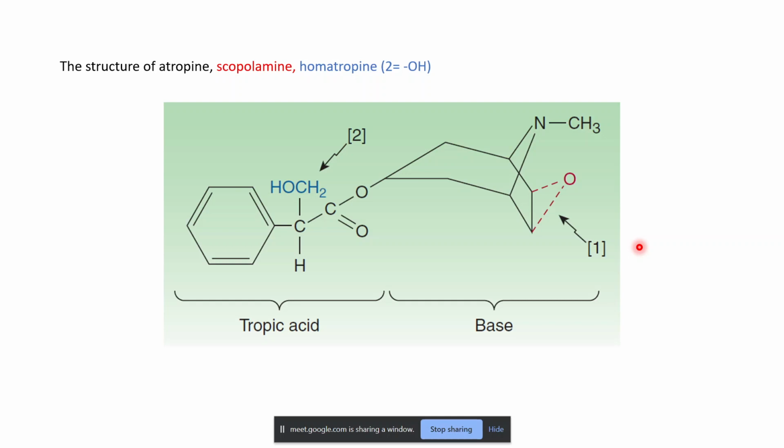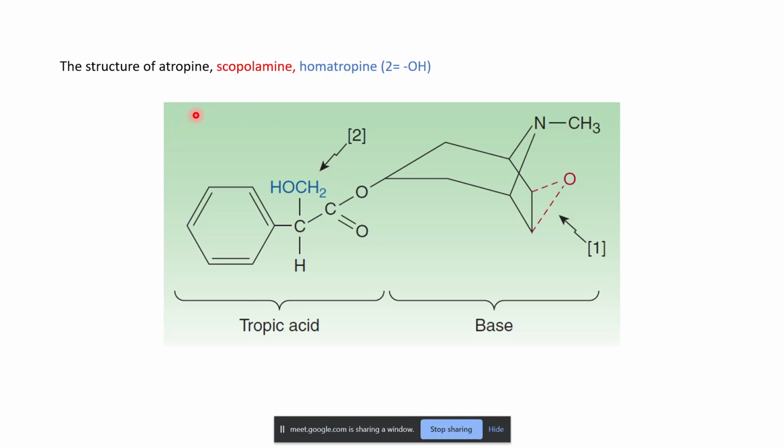Scopolamine is a stereoisomer, and atropine is also a stereoisomer, and usually they are found as mixtures.